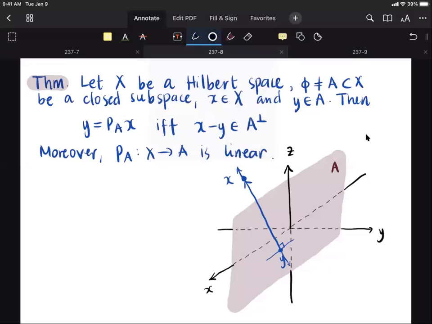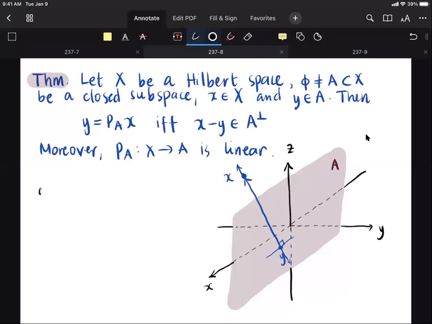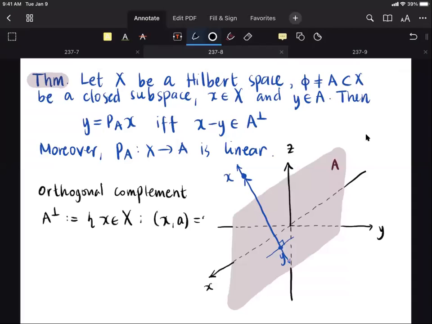So for those who are not familiar with the orthogonal complement, let us define this one. A perp, the orthogonal complement, is the set of all elements x in your Hilbert space wherein the inner product between x and a is 0 for any a in your set.